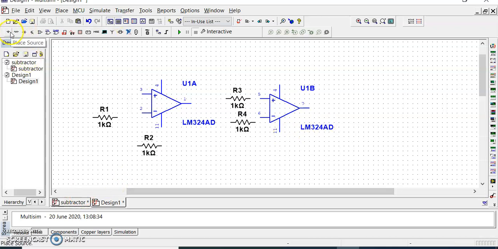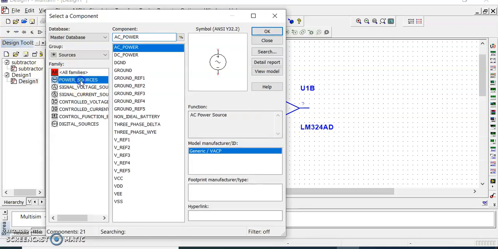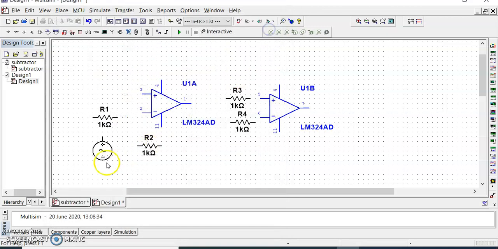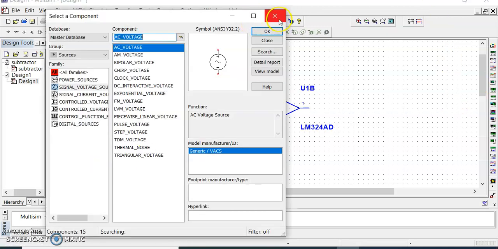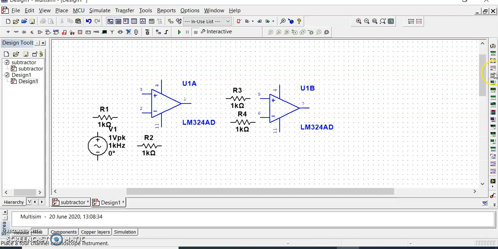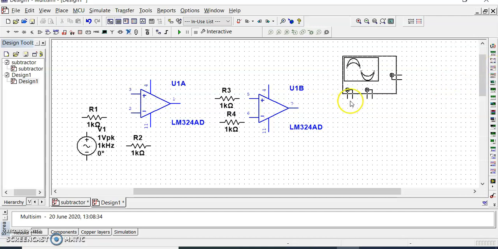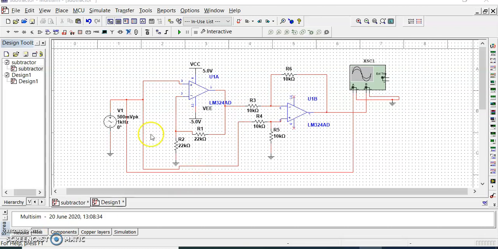Okay, drag the voltage source, signal AC voltage source, CRO. After that make the connections in between them. Now make the connections in between these components. Okay, after making all the connections, our circuit becomes like this.